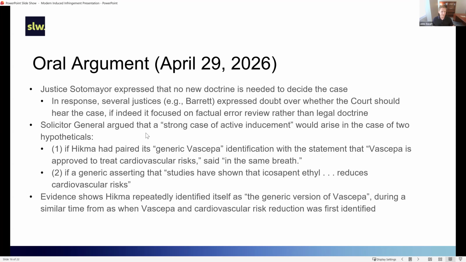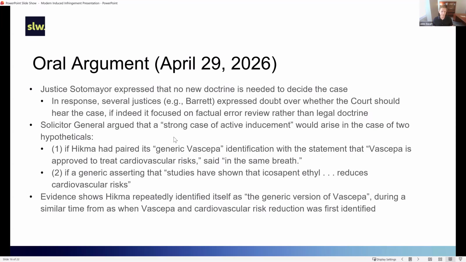There was some pushback on that, though, because in responses, several justices expressed doubt over whether this should have been granted in the first place, as the Supreme Court generally doesn't hear cases based on resolving factual error review.